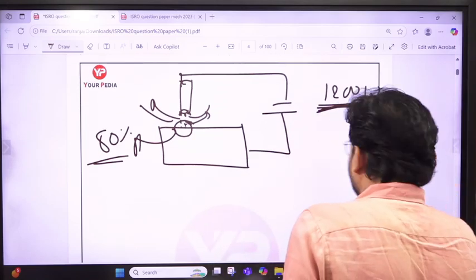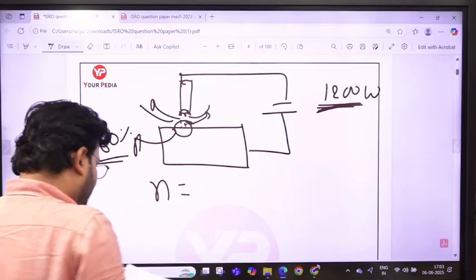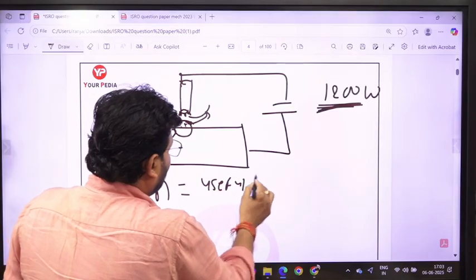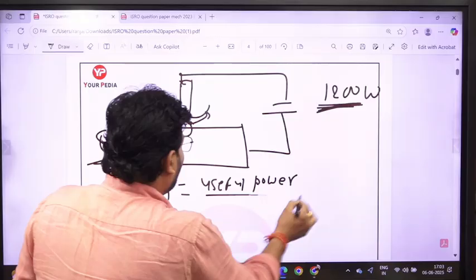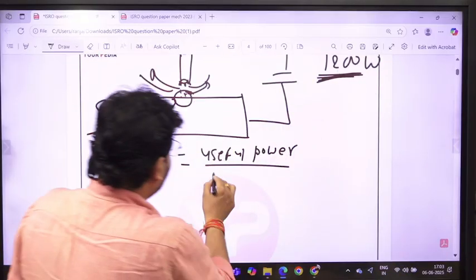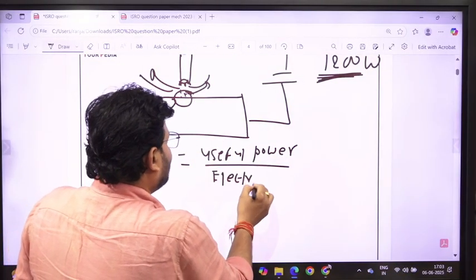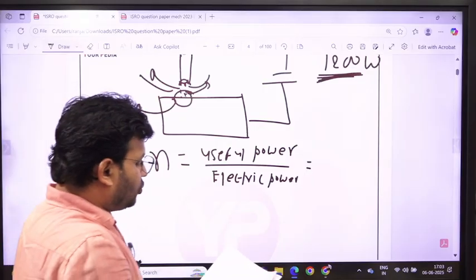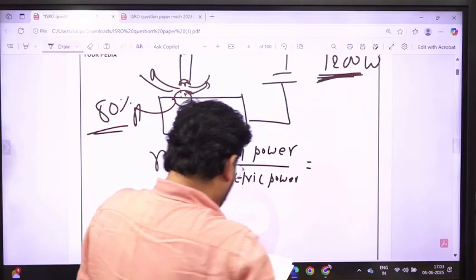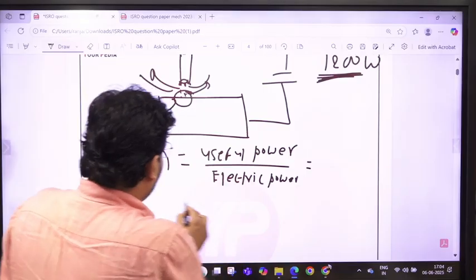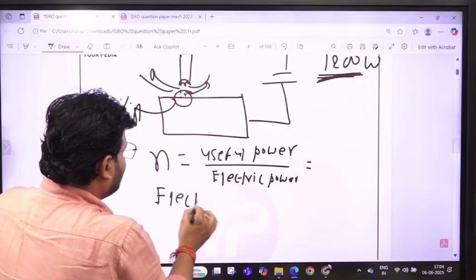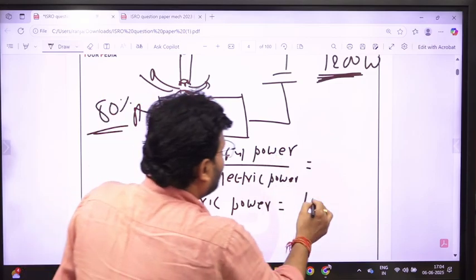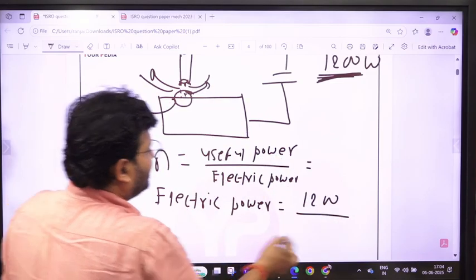Efficiency will be useful power upon electric power, or supply power, whatever you call it. So the useful power you have to get is 1200, and upon the efficiency, which is given as 0.8.